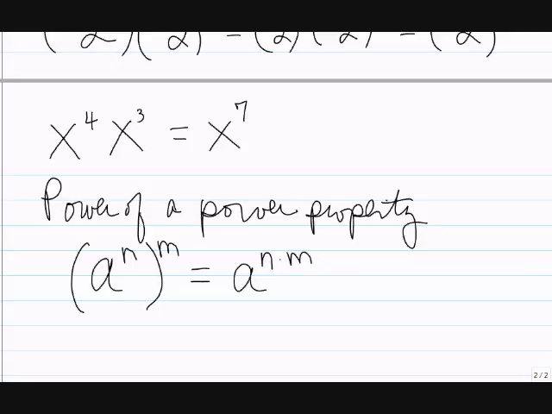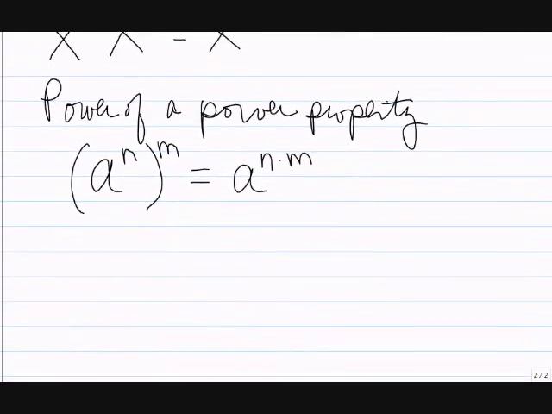And how does that work? Well, let me give you one demonstration of how it works. So if I go 3 squared to the third power, that means I take 3 squared and I do it 3 times. That's what that third power means.